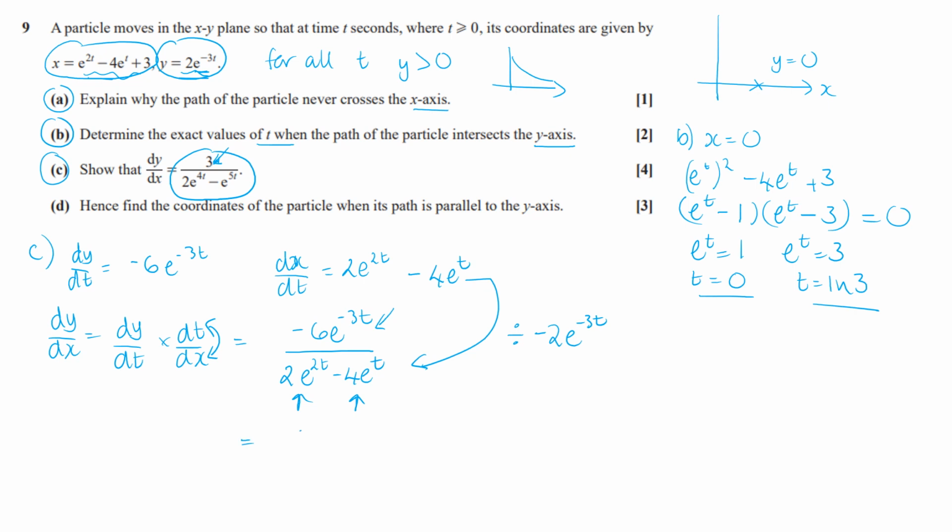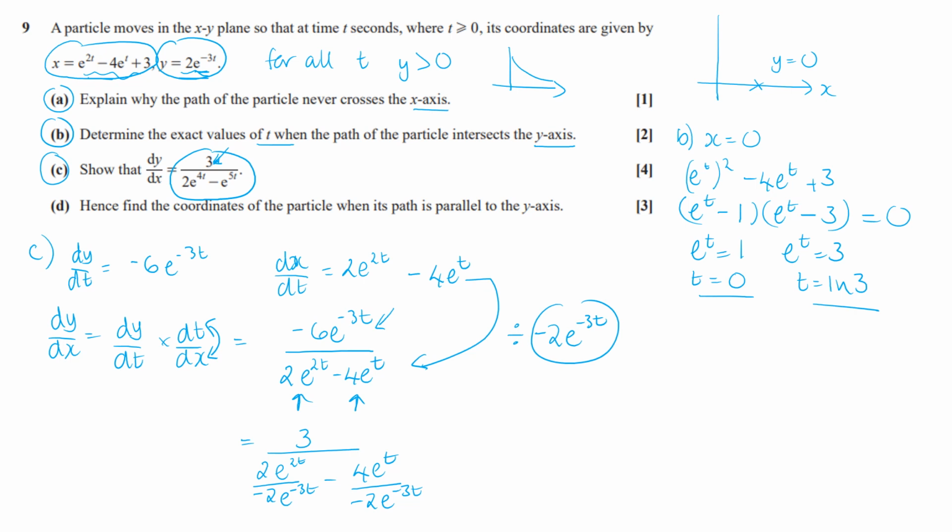So that's going to give us a 3 on the top, and then we'll have 2e to the 2t divided by minus 2e to the minus 3t, minus 4e to the t divided by the minus 2e to the minus 3t, because you have to divide by this through all the terms.